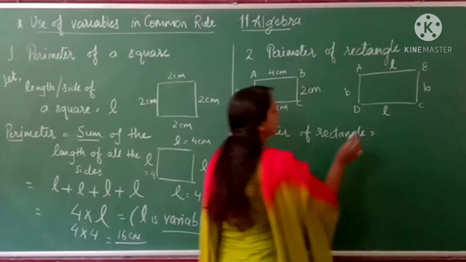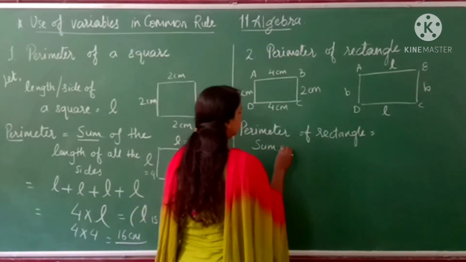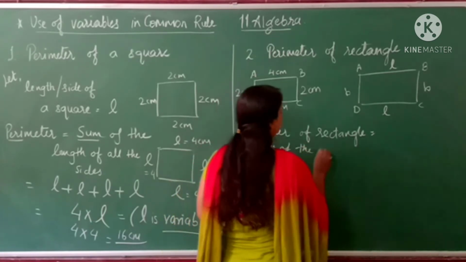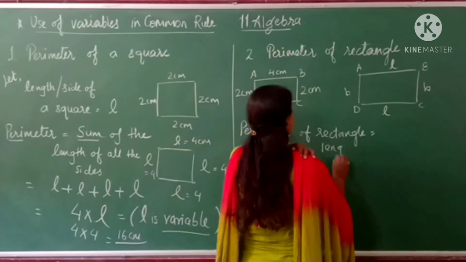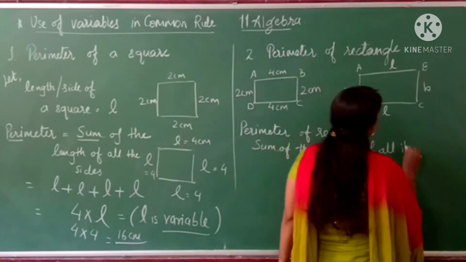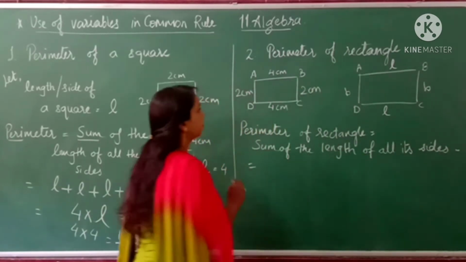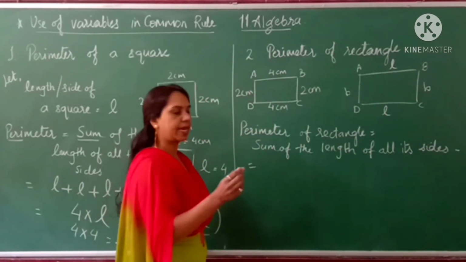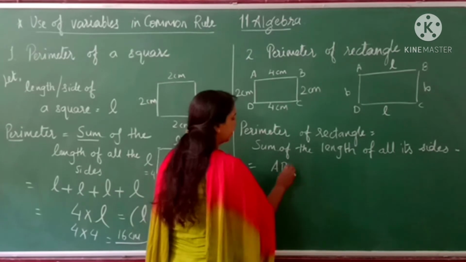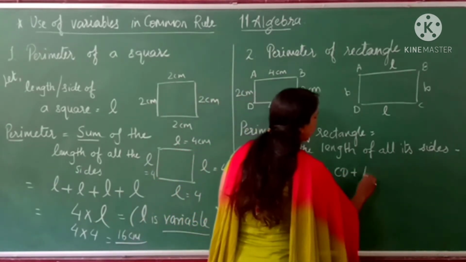What is the formula here? Sum of the length of all its sides. So we can write AB plus BC plus CD plus DA.